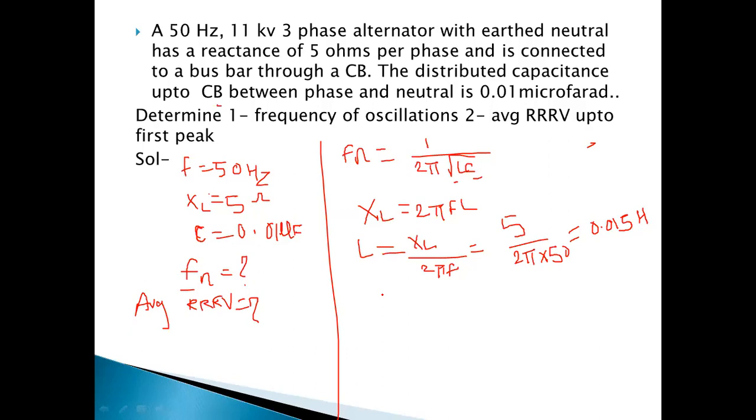Okay. Now we have to find the natural frequency of oscillations, that is Fn is equal to 1 divided by 2 pi root LC.